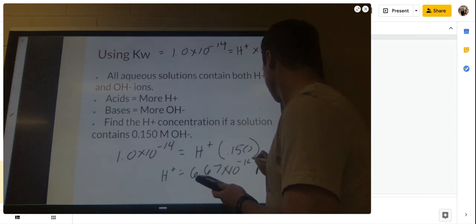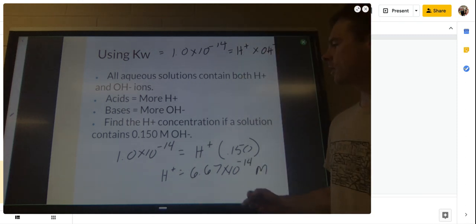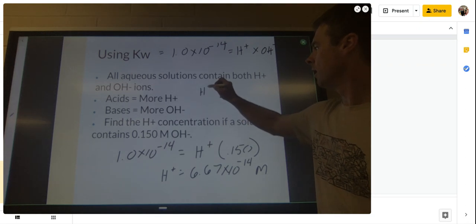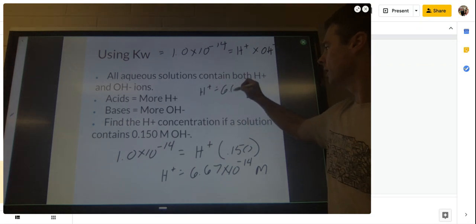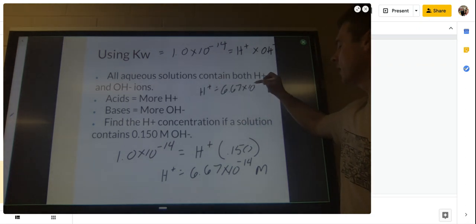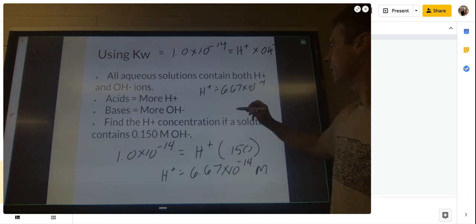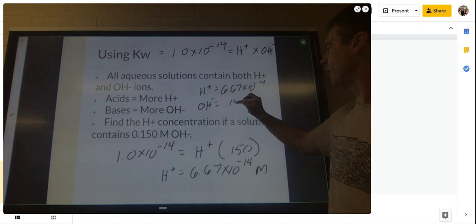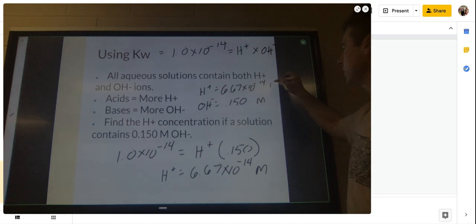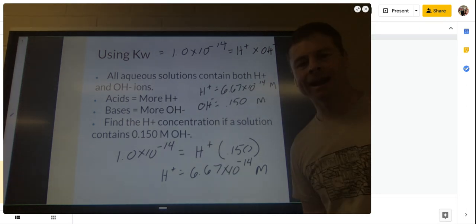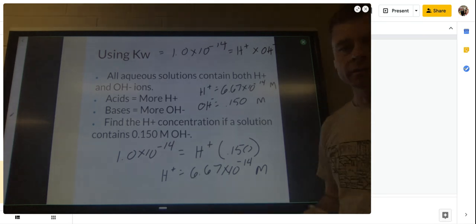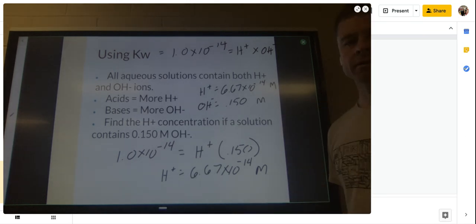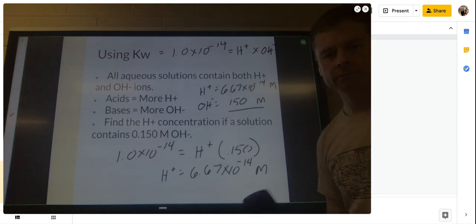Okay, so here we have a solution where its H plus is 6.67 times 10 to the negative 14th, and the OH minus concentration is 0.150. Okay? Is this an acid or a base? Here's how you could do that. You look at which one's bigger. This number is much bigger than that number, therefore this is a base. Okay?